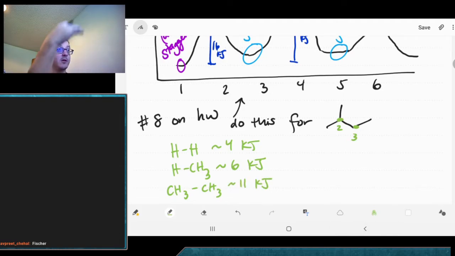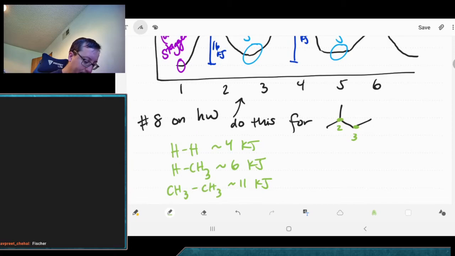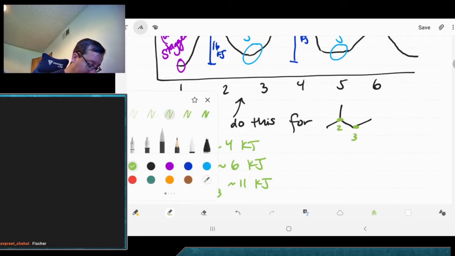So I do want you to label all the energies between your lowest conformation state, which is fully staggered, and your highest, as well as these kind of eclipsed or gauche, or the gauche ones you don't have to worry about, but the eclipsed ones. So that's what I want here. So you'll see what this is going to look like. But go ahead and do that. So you're going to do the same 6 sort of things.